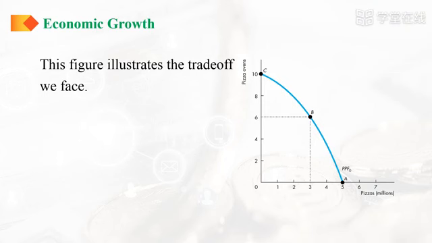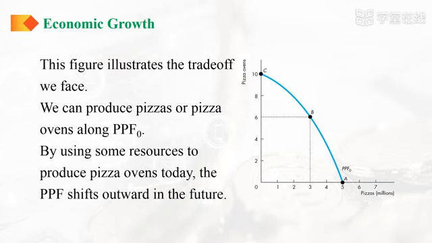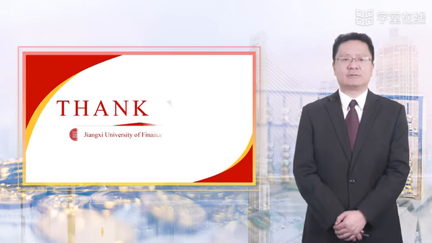This figure illustrates the trade-off we are facing. We can produce pizzas or pizza ovens along PPF 0. By using some resources to produce pizza ovens today, the PPF shifts outward in the future. This is the end of session 2.